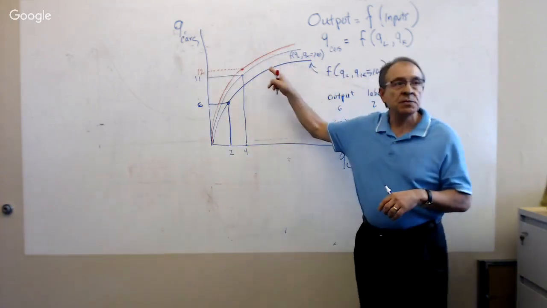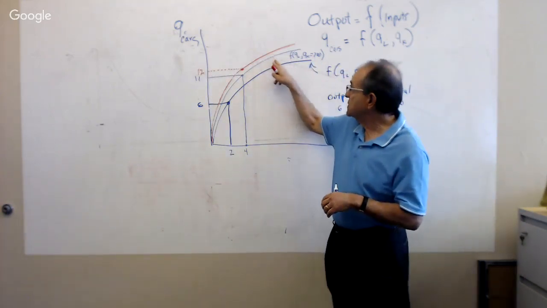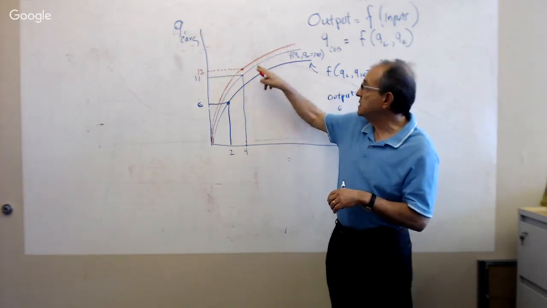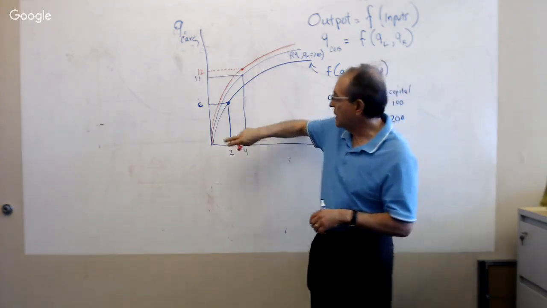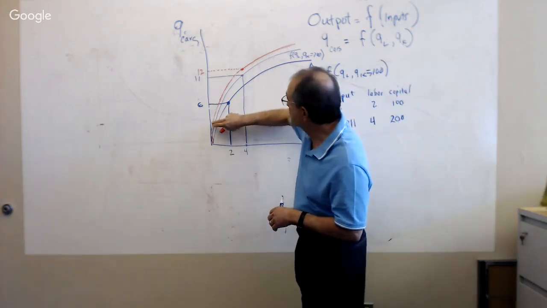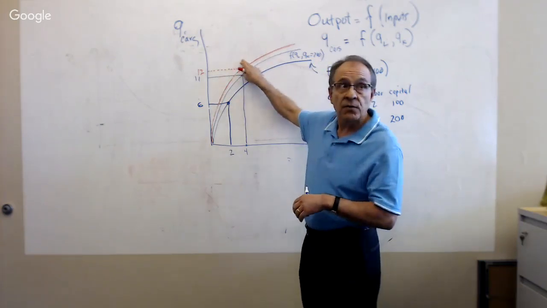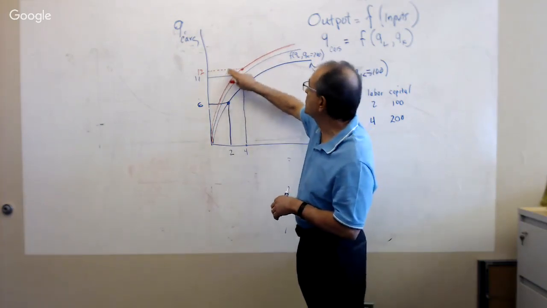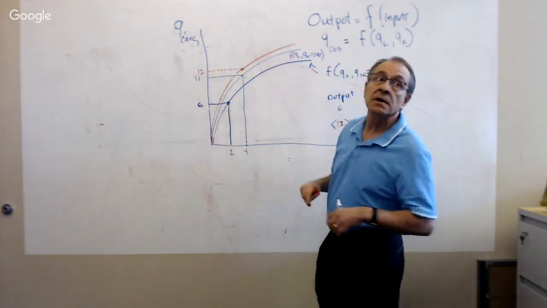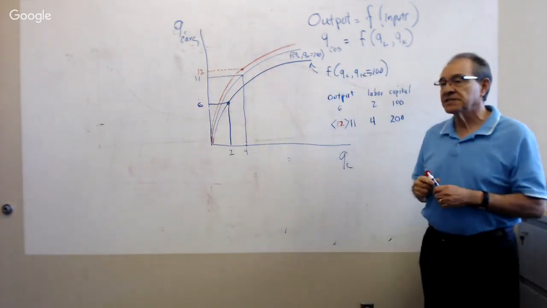So that's the benchmark. This production function shifted up by less than the benchmark. Had the production function actually shifted even higher, that is, if I had 14, then I would have increasing returns to scale, right? Do you guys have any questions?